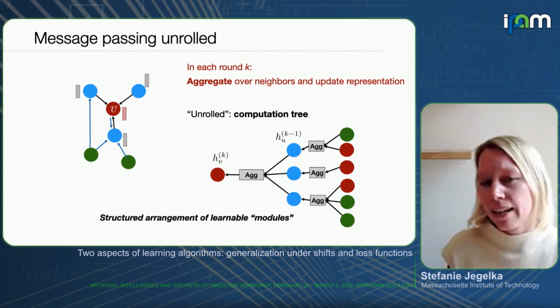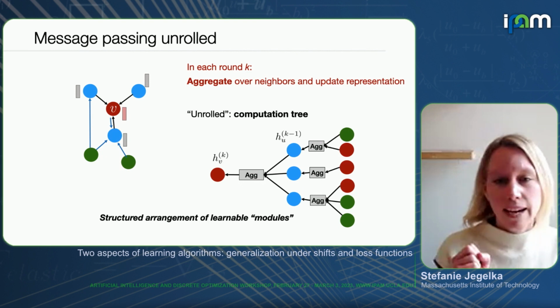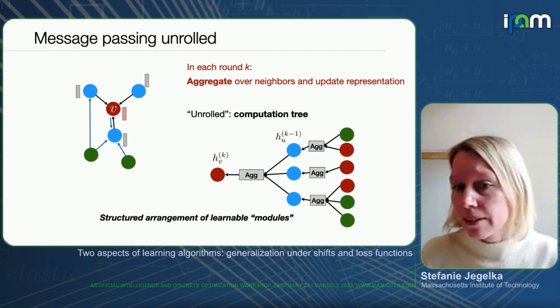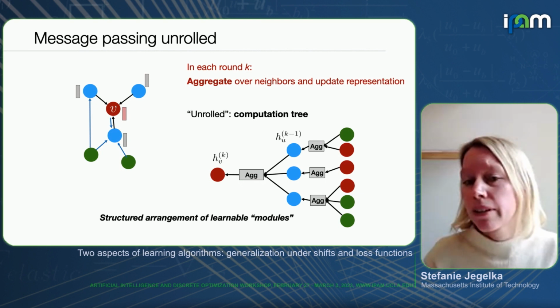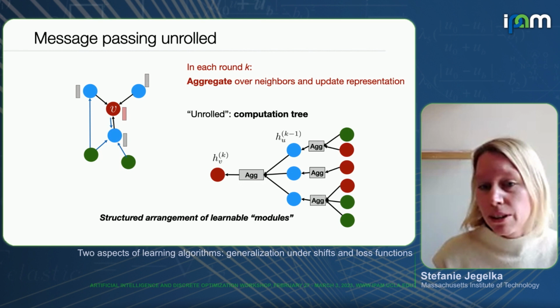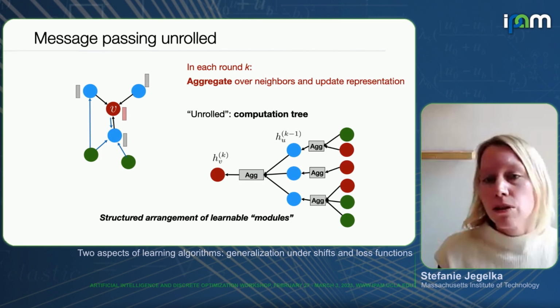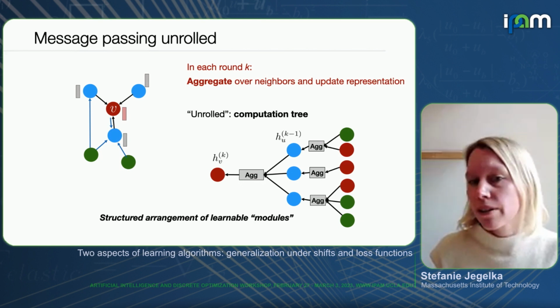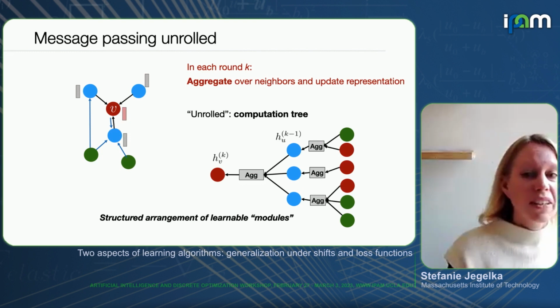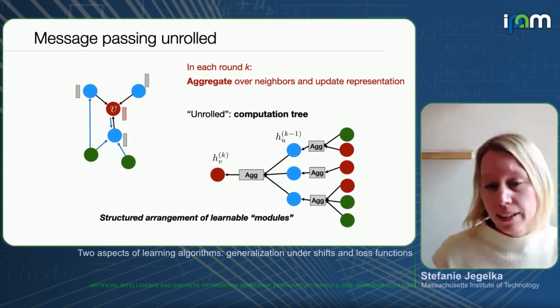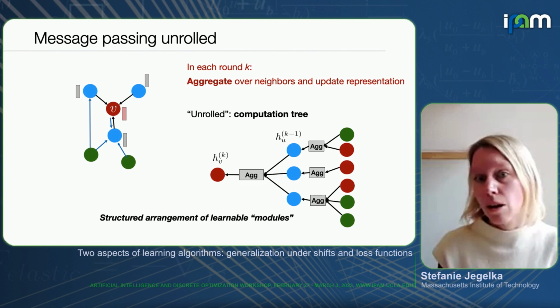The other view is that the actual parts I'm learning are just these aggregation functions. These are small learnable modules or functions, but the actual connectivity, what feeds into what, is fixed. It's given by the graph. So I could also think of this as essentially a fixed template. That's my message passing operation.